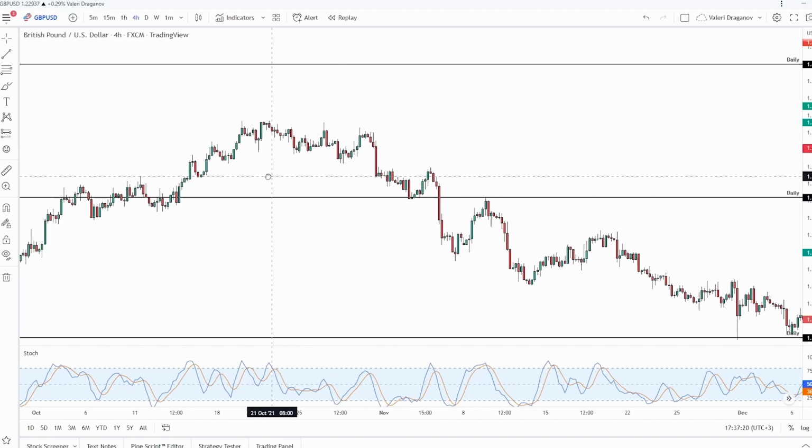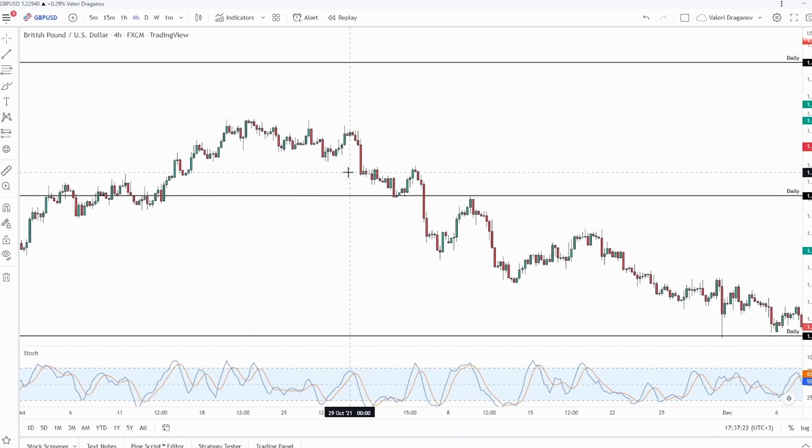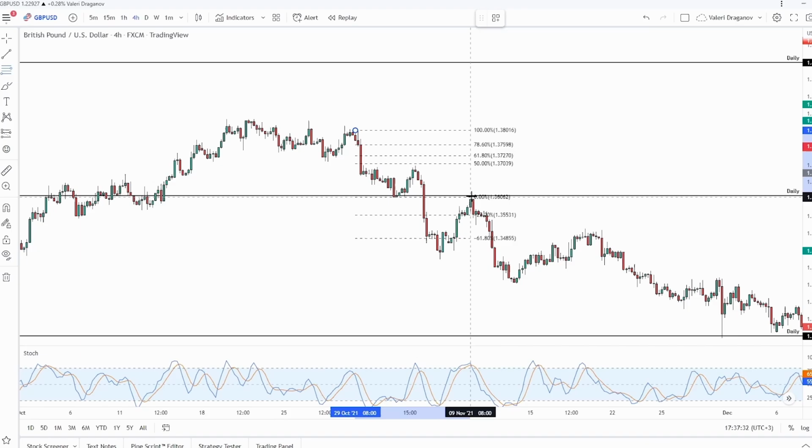So we are analyzing the chart, and here we have an impulse and a correction. First thing we have to do is to apply Fibonacci. We apply Fibonacci and we can see that the price didn't touch the 50% level.